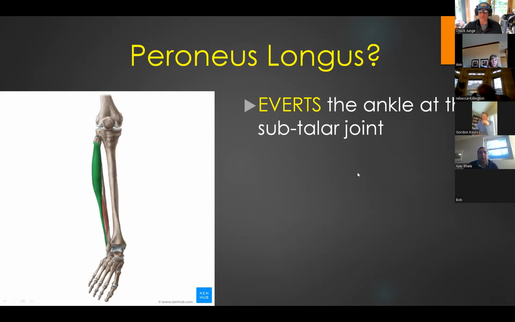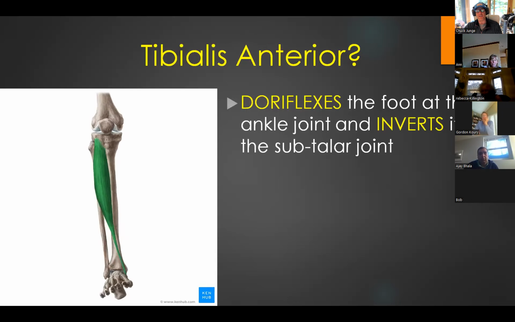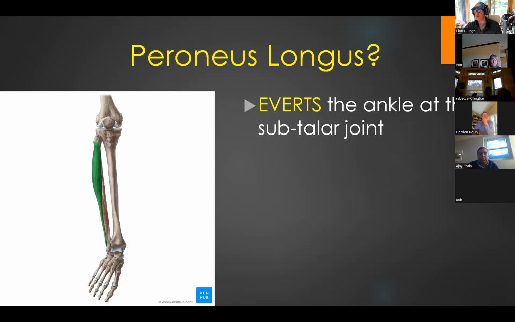Now, which one of these is bigger? Well, longus is longer. Yeah. And it does other things too, right? There's a bunch of longuses on that side. You've got the digitorum longus too, which is what pulls your toes up. There's lots of other things too, but we're only going to talk about the peroneus right now.